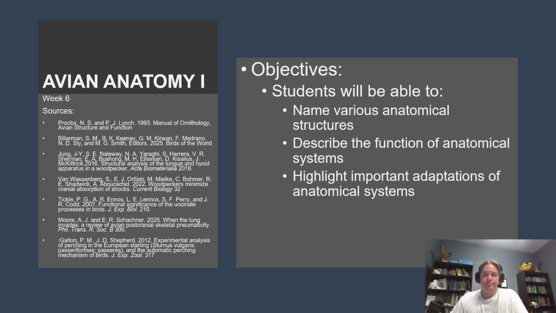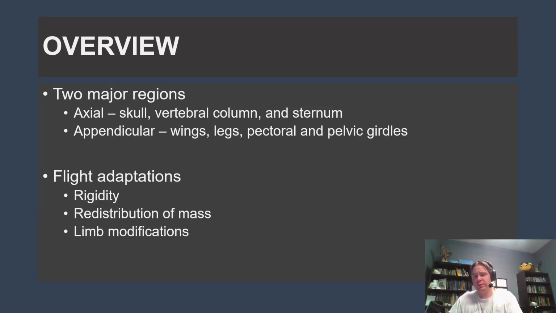So let's move forward here. Let's start with the skeletal system. The skeletal system can be broken into two major regions, the axial and appendicular parts of the skeleton. We'll take a look at some diagrams relating to both of those parts of the skeleton.